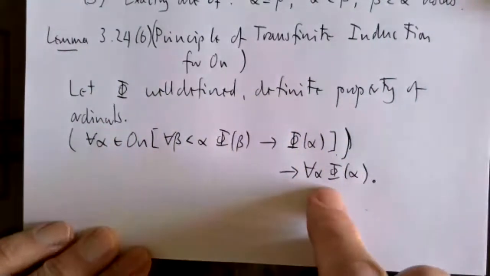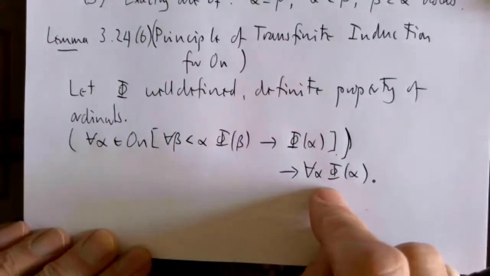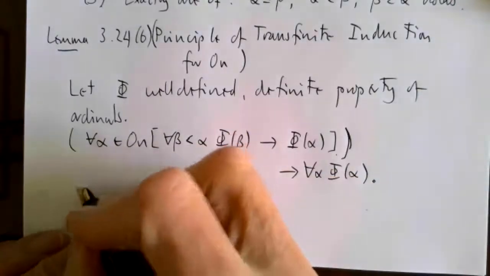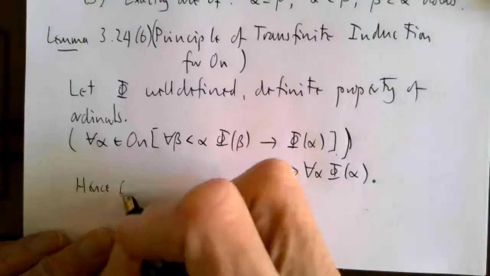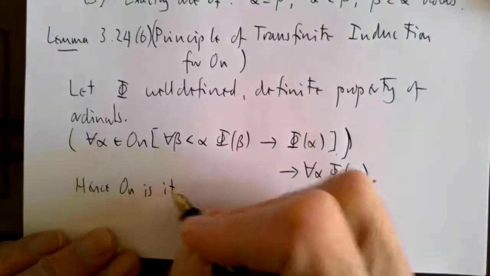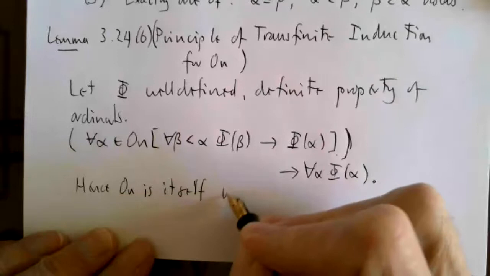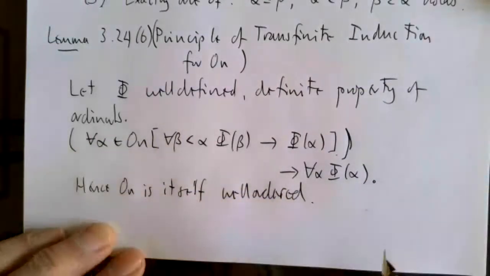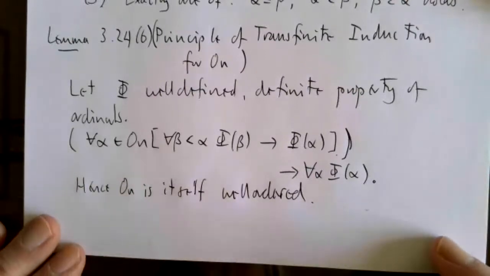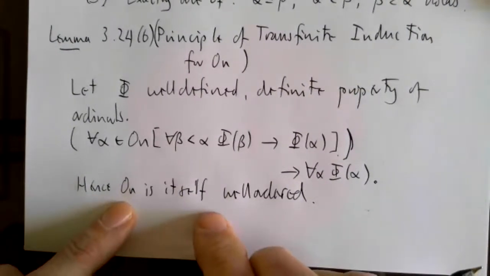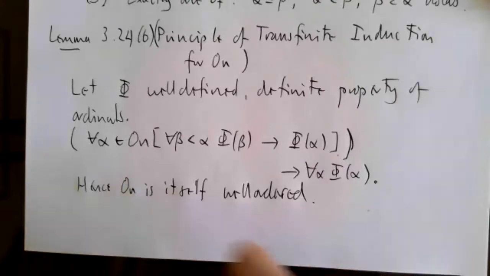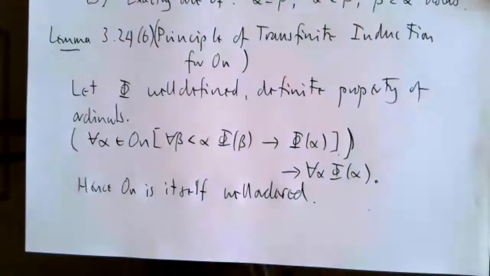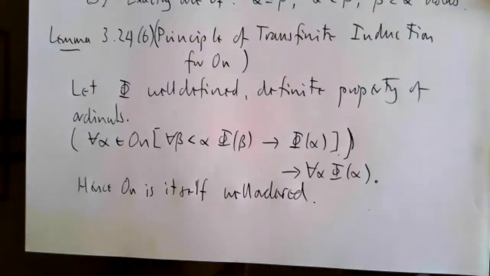So what we deduce then from this is that ON is itself well ordered. It's not just each individual ordinal is well ordered, this class is well ordered. Okay, so let's see, so parts of this argument are quite familiar.